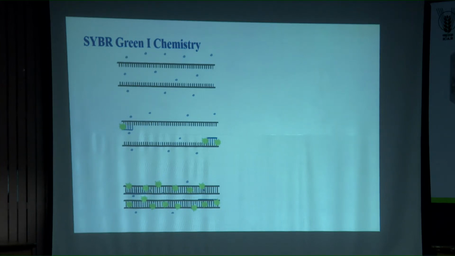So what is happening here? You can see here, this is freely floating here, see here, this enzyme. So this is becoming 2 strands and the SYBR Green molecules are now attached here. In solution, the unbound dye exhibits very little fluorescence. Remember, another interesting property of this dye is when it is floating, the fluorescence is extremely low. And it gains strength and gives fluorescence after intercalating with DNA.